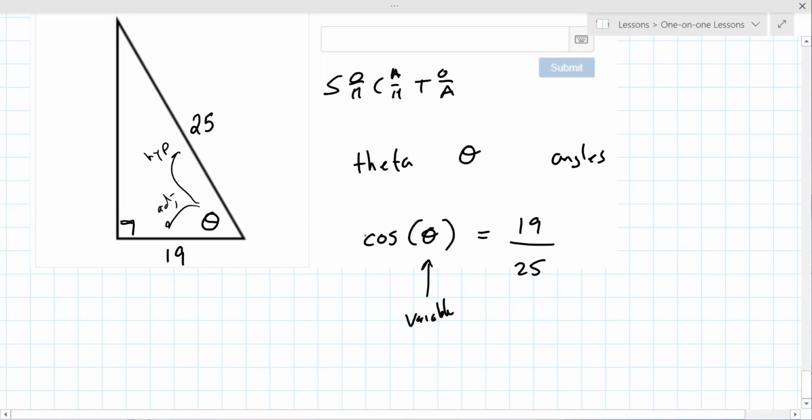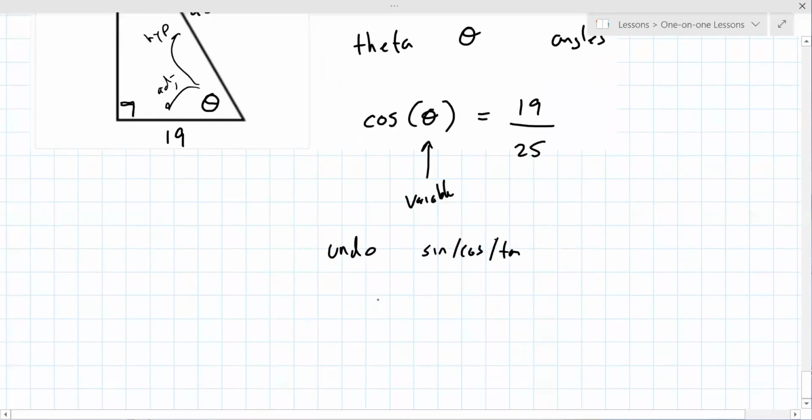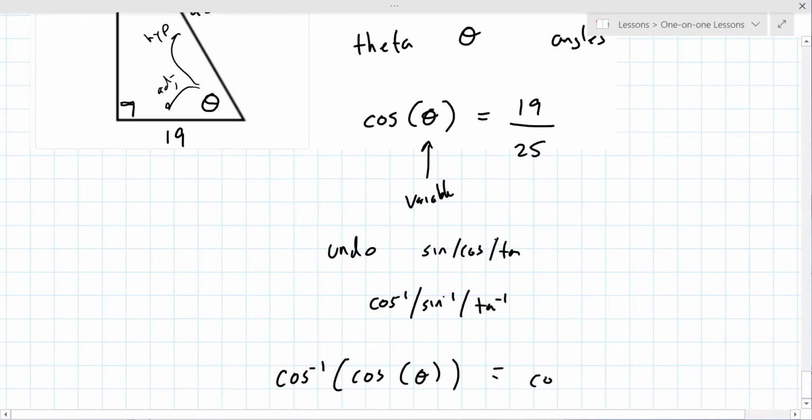We have to undo cosine. We have to undo either sine, cosine, or tangent, and you do that with cosine inverse, sine inverse, tangent inverse. So it looks like this. You take the cosine inverse of cosine of theta, and you have to do this to both sides of the equation.